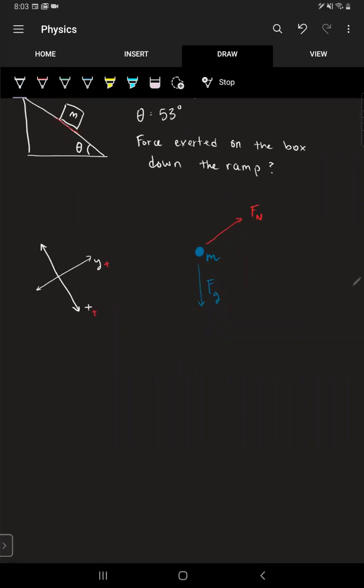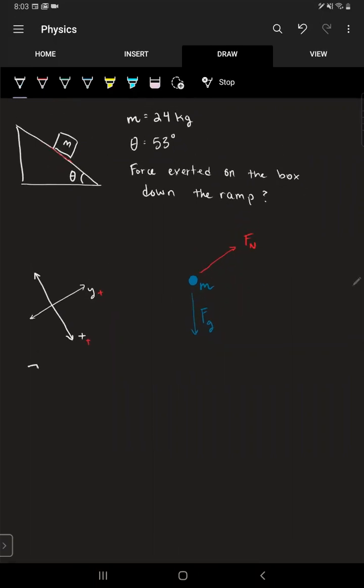Now let's do our next step, which is to find sigma Fx and sigma Fy. But uh-oh, look at this. The Fn aligns perfectly with the y, but Fg is now diagonal.